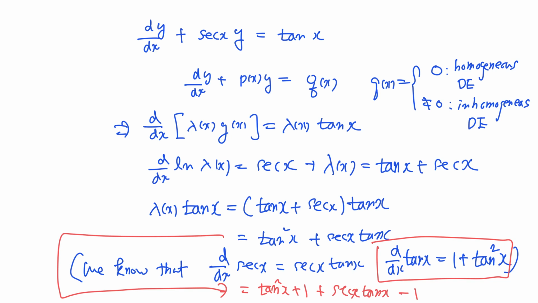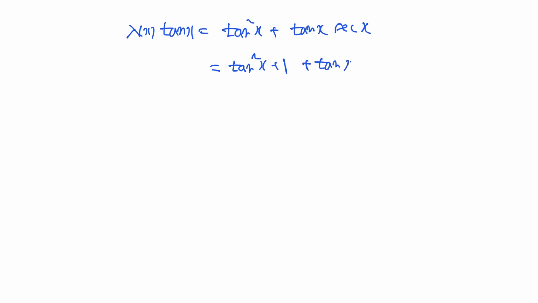So lambda(x) tangent x is tangent square x plus tangent x secant x, which is tangent square x plus 1 plus tangent x secant x minus 1, which is the derivative of tangent x plus secant x minus x, right?